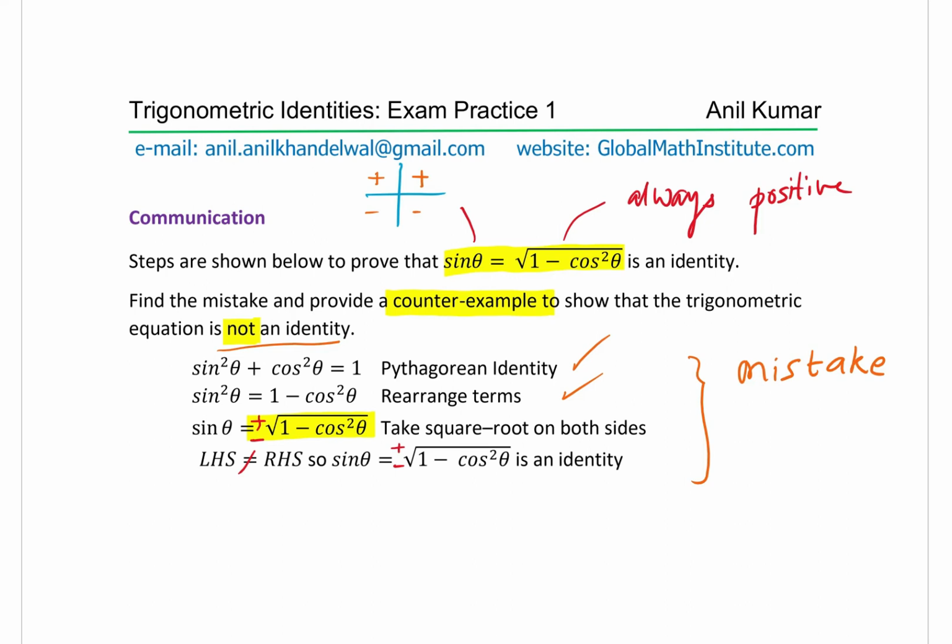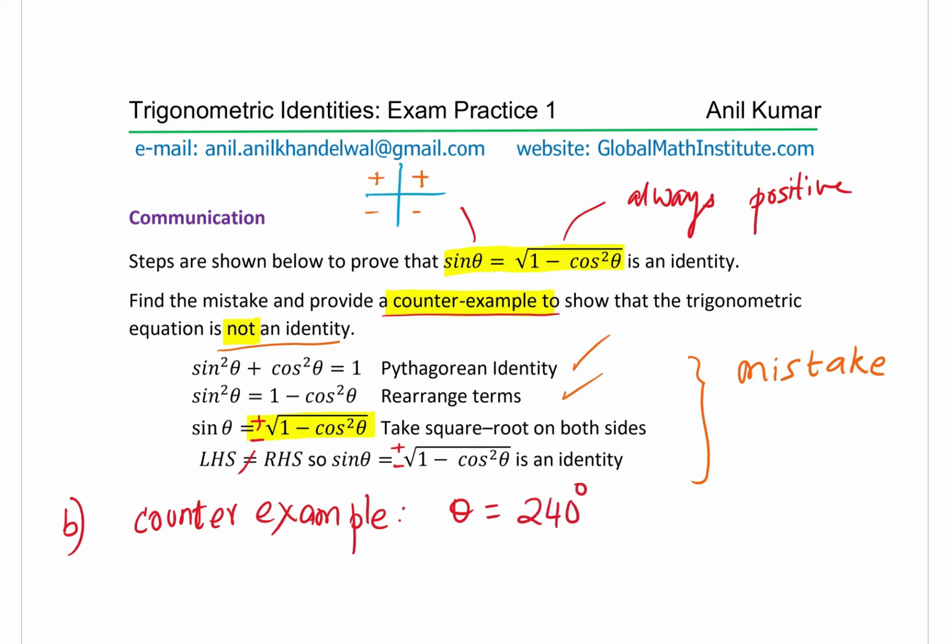Now we need to do part B actually, which is to provide a counterexample. So let me write B clearly here and we say counterexample. Since we were saying that sine could be negative if I take an angle in quadrant 3 or in quadrant 4, we can actually take theta equals to, let's say, 240 degrees.